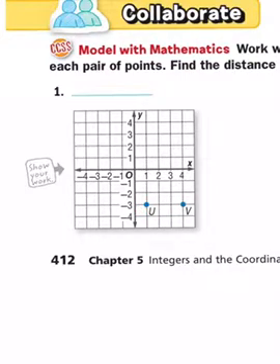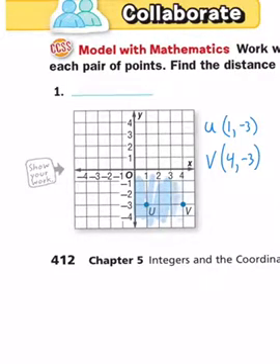We're going to write those coordinates. So point U is at 1, negative 3. And point V is at 4, negative 3. Now, notice they are both in the same quadrant. They are both in quadrant 4 down here, right?